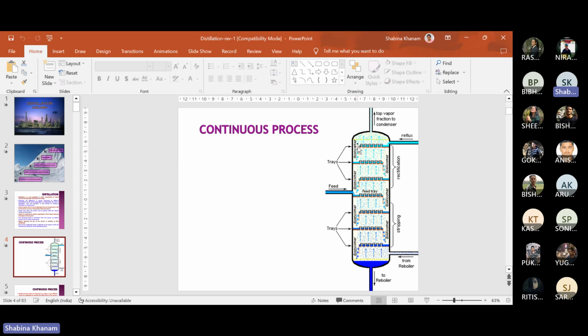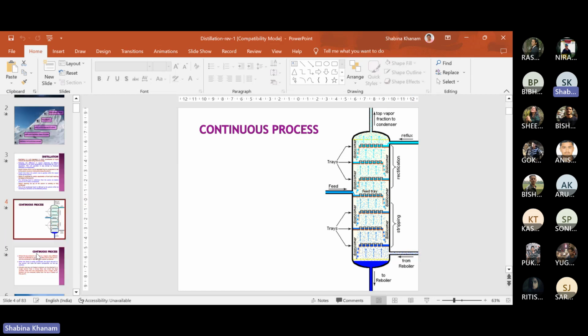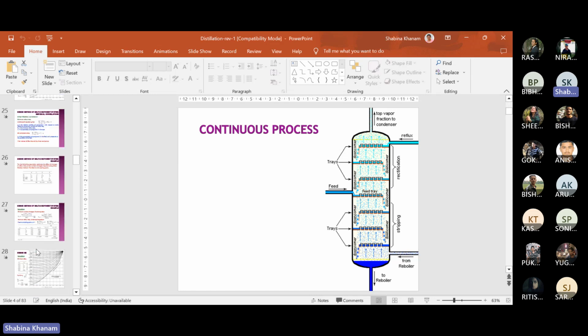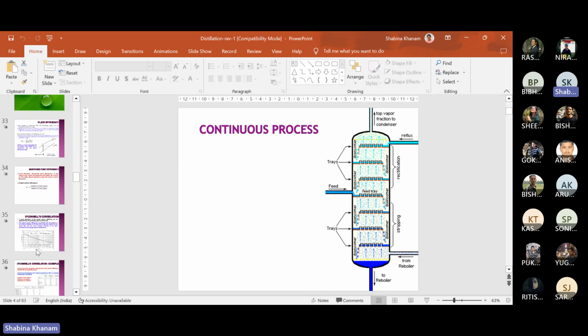If you see this particular height, just above the tray, this is called the weir height. This is the downcomer section, and the weir height ensures how much liquid will be available over the plate. So that is HW. This is a design parameter, and we will discuss how to choose it.